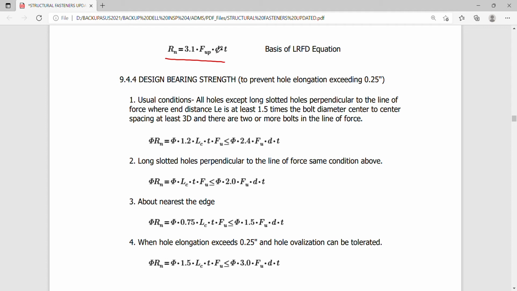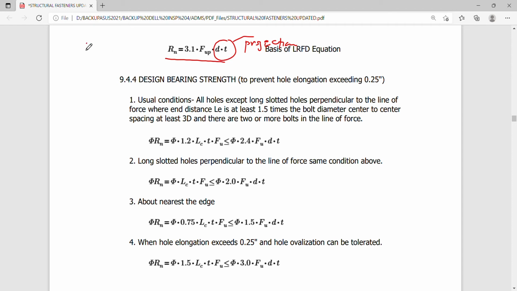So remember that our area here considered is simply the projected area. Okay, so we have here a projection of the bearing area by the bolt diameter to the plate, or the member thickness.